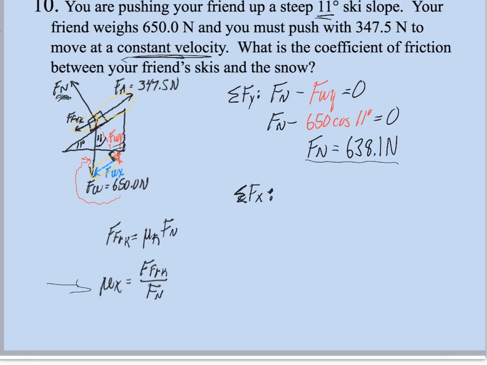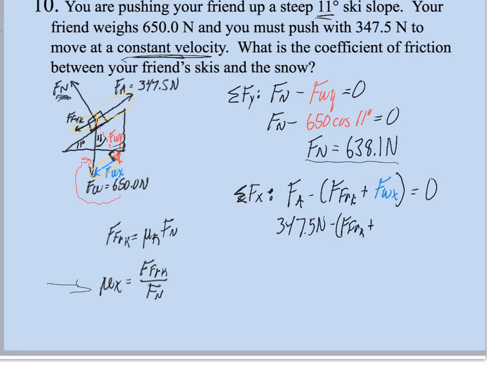All right, so the applied force minus the sum of the friction force plus the x component of the weight. Again, the reason I'm adding those together is they are pointing down the hill, both in the same direction. And all that should equal 0. So are there some numbers that we know? Yes, the applied force is 347.5. Do we know the friction force? No, but we're about to find it.